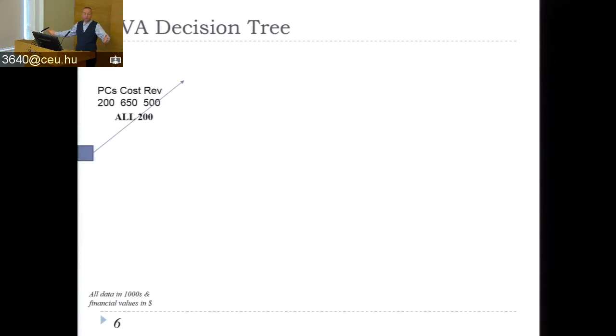That's one option. In this slide, to make things easier to read, all the figures are in thousands, so the 200 refers to 200,000, and all the financial values are in dollars. If we manufacture all 200,000 items immediately, what does it cost us, and what is the immediate revenue? The cost is fairly simple to calculate.